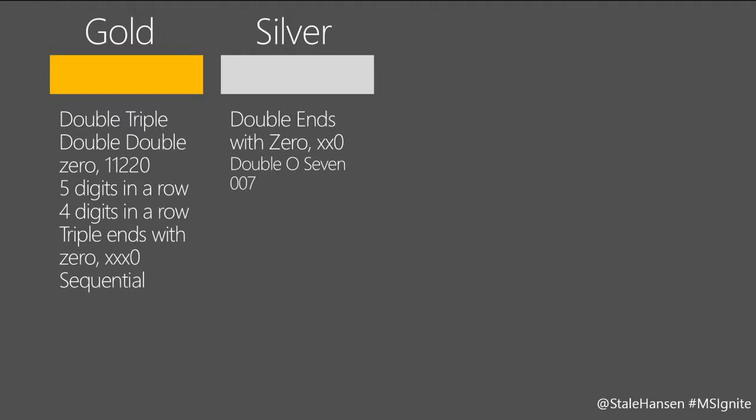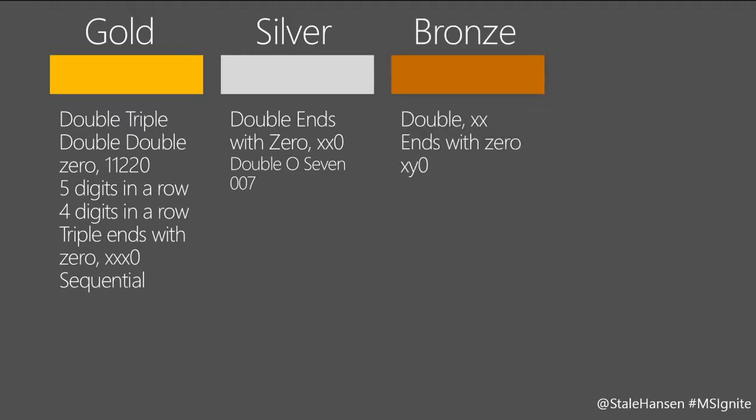You can go through your range manually in order to find the gold, silver, and bronze numbers you want to reserve. Bronze numbers are typically nicer numbers, ending with a 0 maybe. And yeah, you can define them yourself, but here are some suggestions.